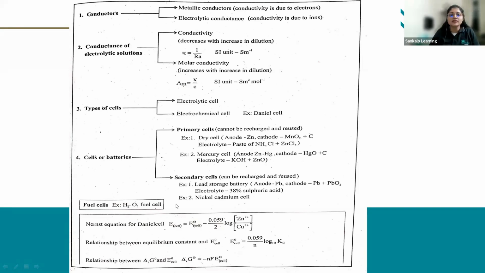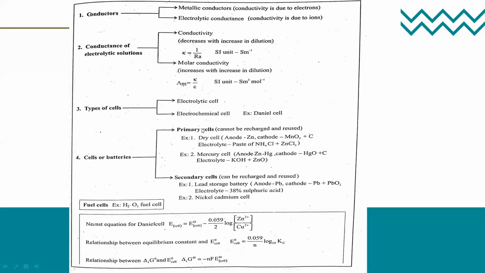Now, for us, the most important thing is conductors. We are going to study two types of conductors here. First is metallic conductor and the second is electrolytic conductor. What do you mean by metallic conductors?